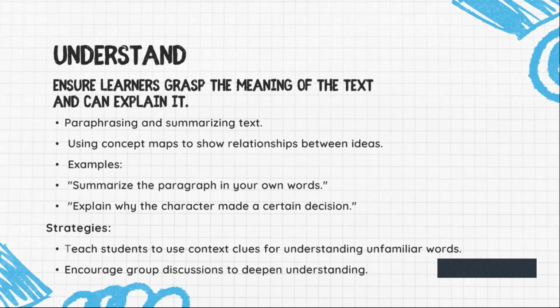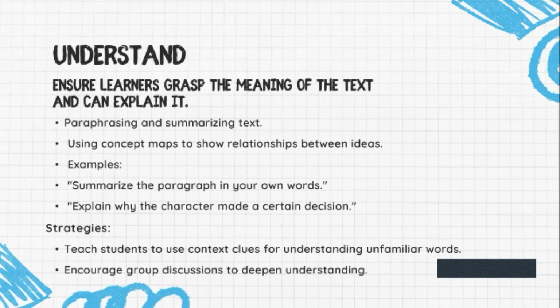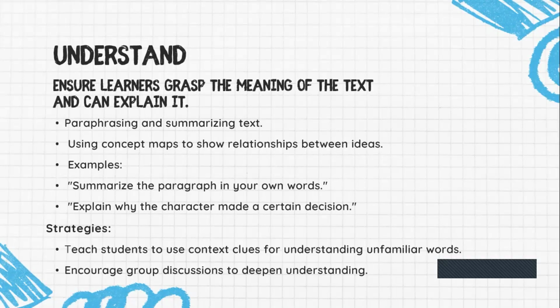So what are examples of this in our lessons? Summarize the paragraph in your own words. Explain why the character made a certain decision. What are the strategies you can use? Teach them to use context clues for understanding unfamiliar words. I've mentioned using context clues earlier, when I talked about finding meanings of words without using the dictionary, based on their use in the text. And then encourage group discussions.